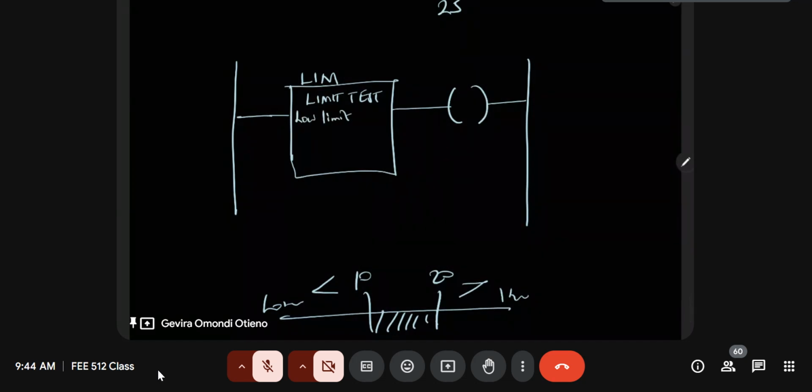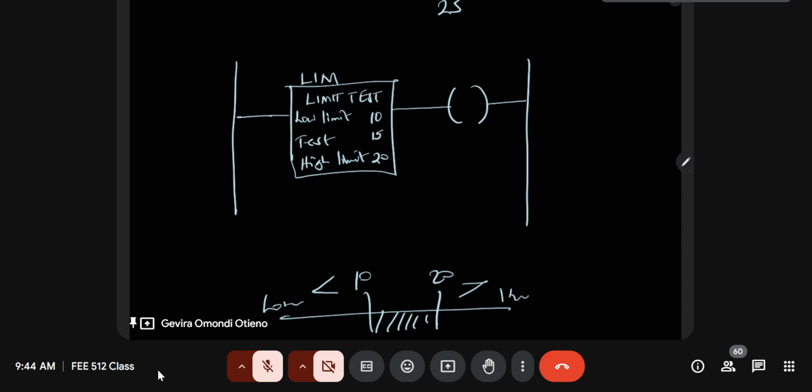You'll have to know a low limit, what you're testing, and then a high limit. That's why we define this as testing whether a value exists within a range or within a limit of two other values. So you have a lower limit. So let's say our lower limit is 10. The higher limit is 20, and we are testing 15.